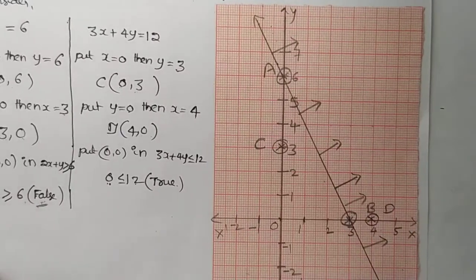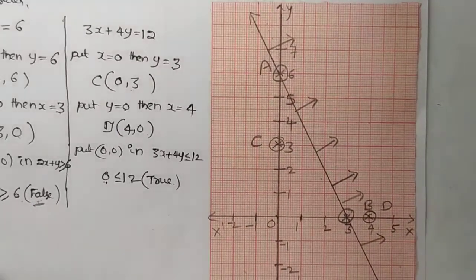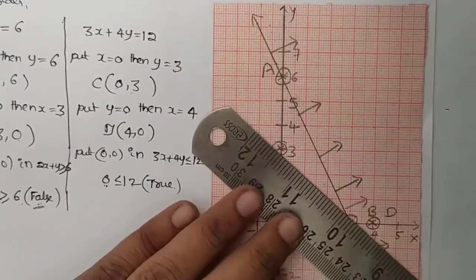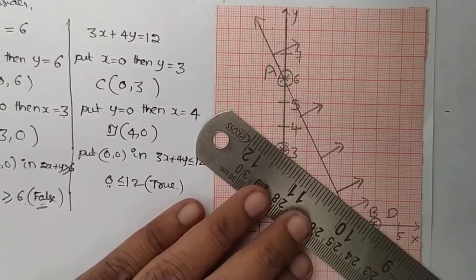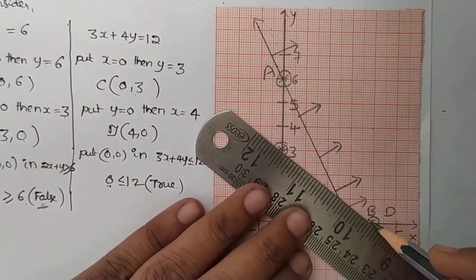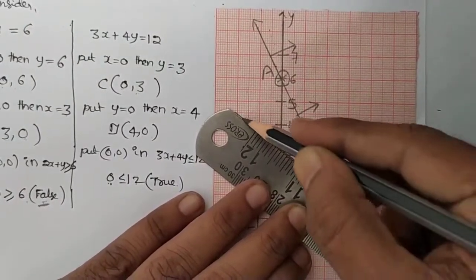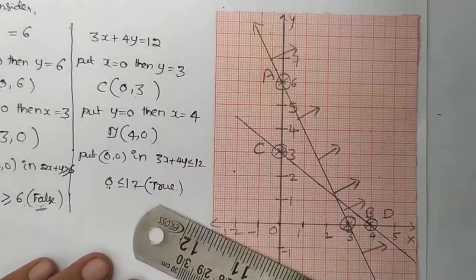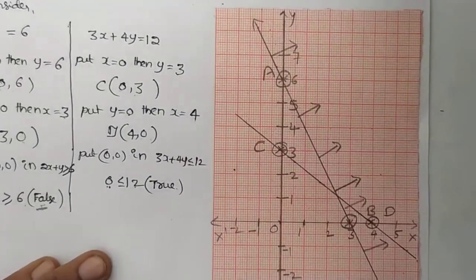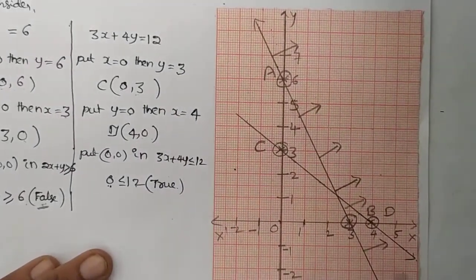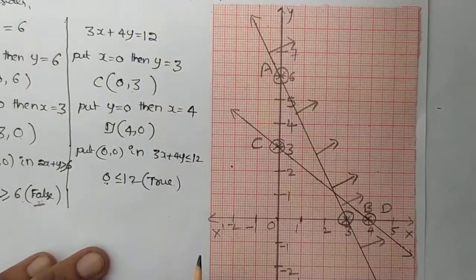It is the point D. Now join these points C and D by a thick line, not a dotted line. It is the second inequality.